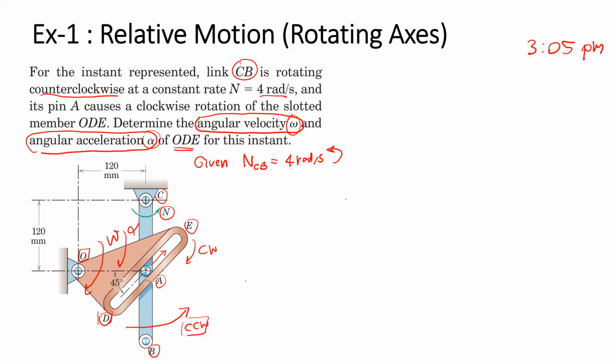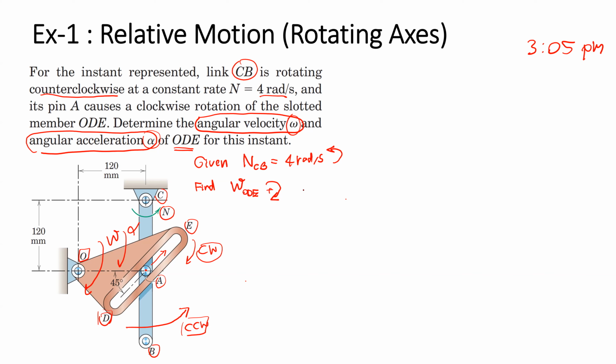What we need to find is the omega of ODE, and the direction is given. We're going to assume omega in the clockwise direction to be positive.